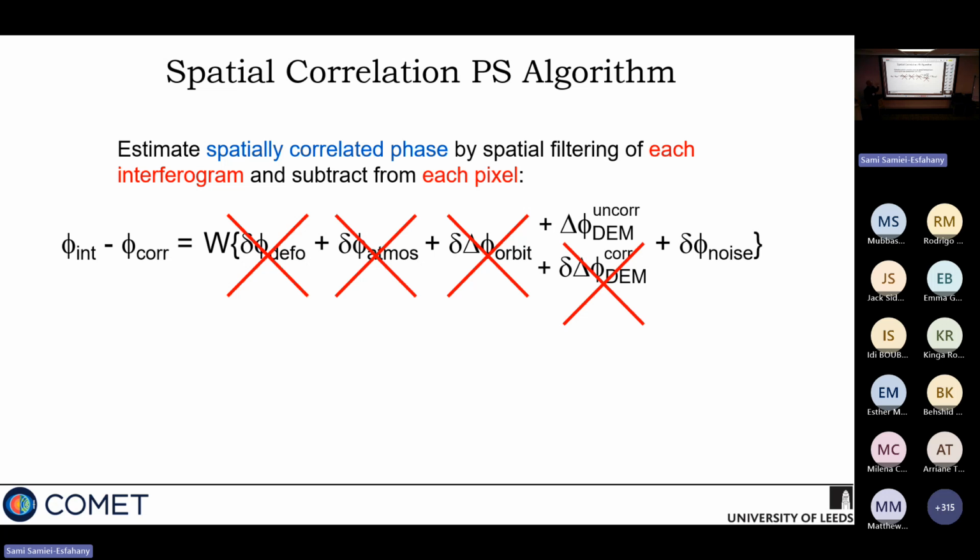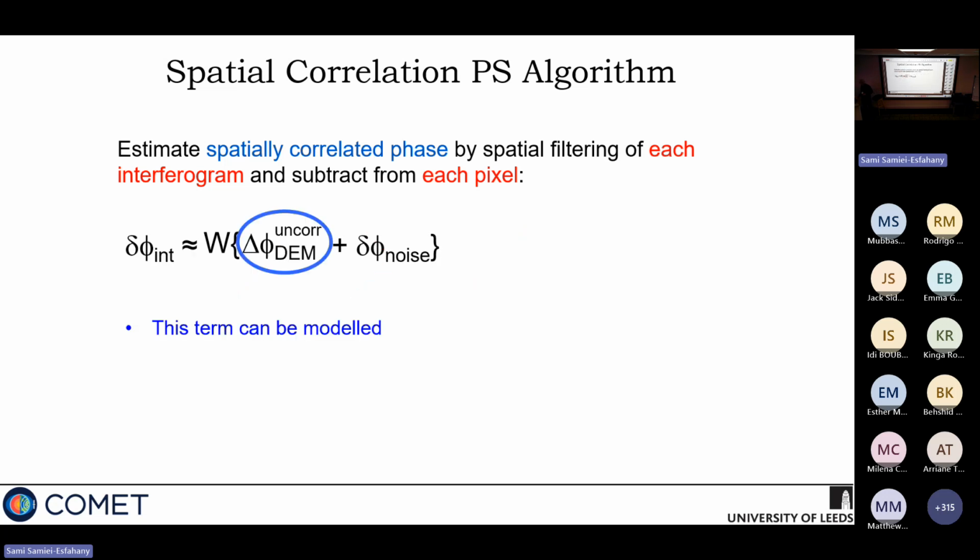So you get rid of nearly everything, which is nice, and you're just left with the noise term that we're trying to get at, and the part of the DEM error that's uncorrelated in space. You can imagine the DEM might be very broadly wrong in a correlated way, but for each pixel of interest we will have a specific error as well.